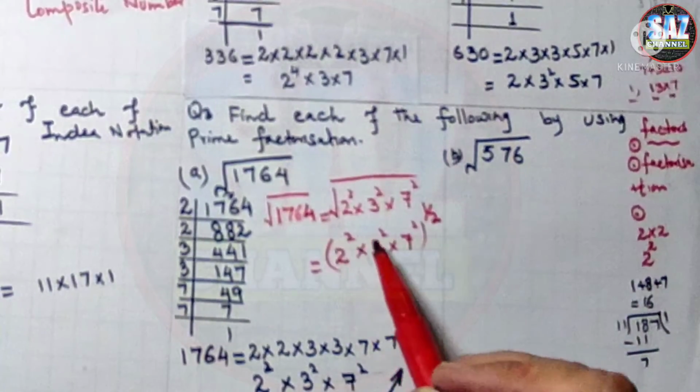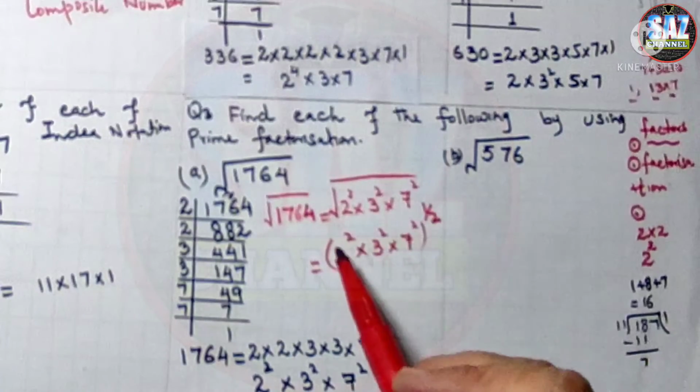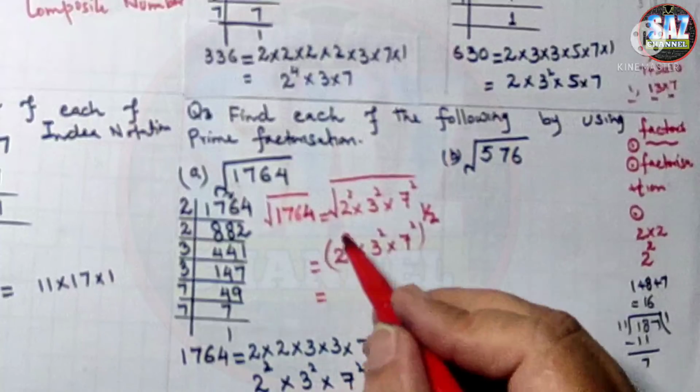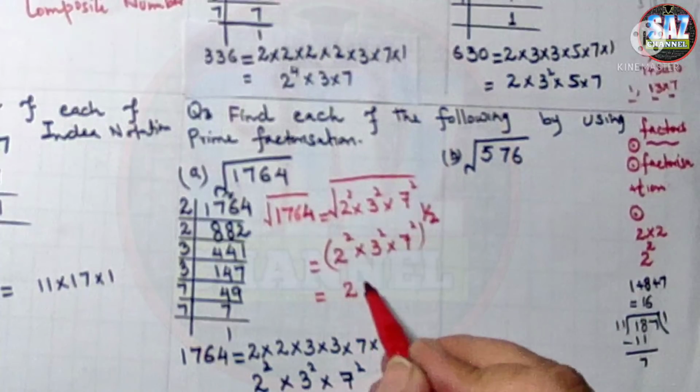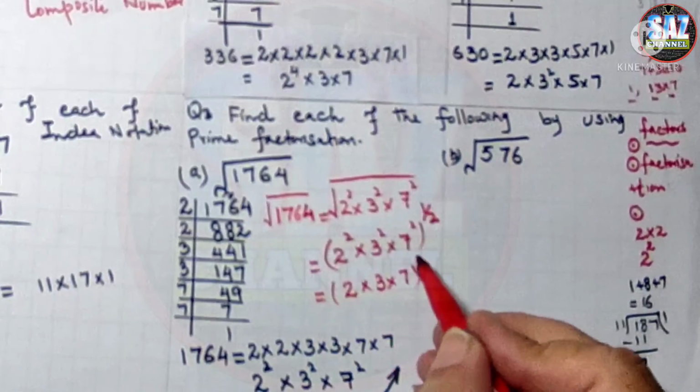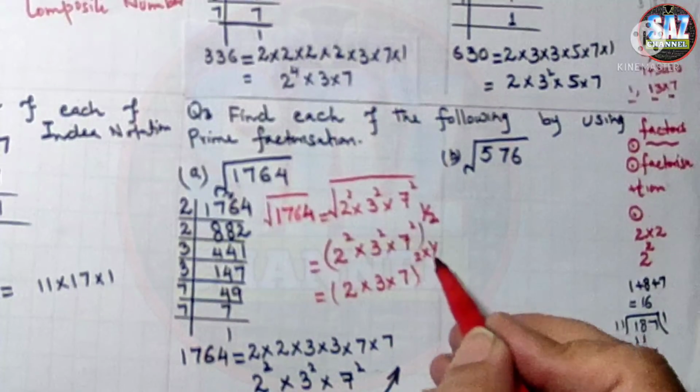Now look, all the factors have the same power 2, so we can pull it out and write it outside. I will be left with 2 multiplied by 3 multiplied by 7, raised to 2 multiplied by 1 by 2.